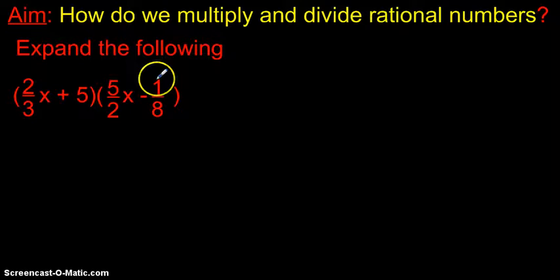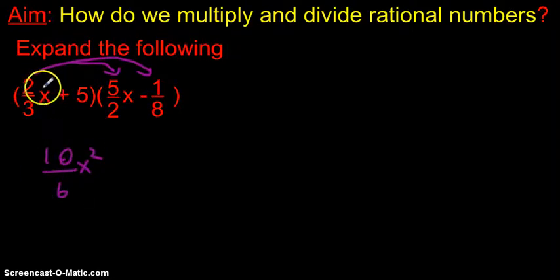If we were asked to simplify this or expand, we would use FOIL, or just multiplying, or the distributive property. Okay, so we're going to multiply 2/3 x by 5/2 x, which is 10x squared over 6. 2/3 x times negative 1/8 is negative 2 24ths x. Okay, because this had an x on it.